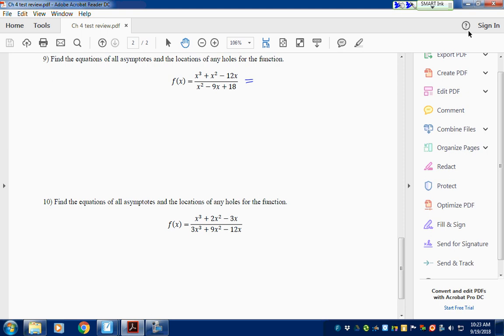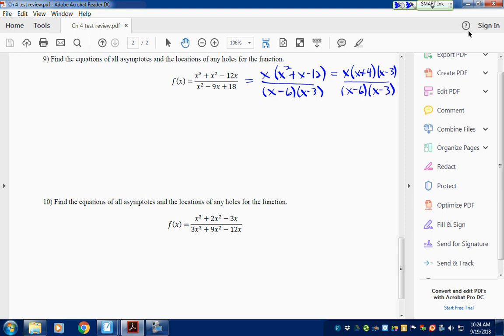But here I have, if I factor out an x, I'm left with x squared plus x minus 12, which factors further, x plus 4, x minus 3. I feel like we've done that already today. And then here, this would be x minus 6, x minus 3.